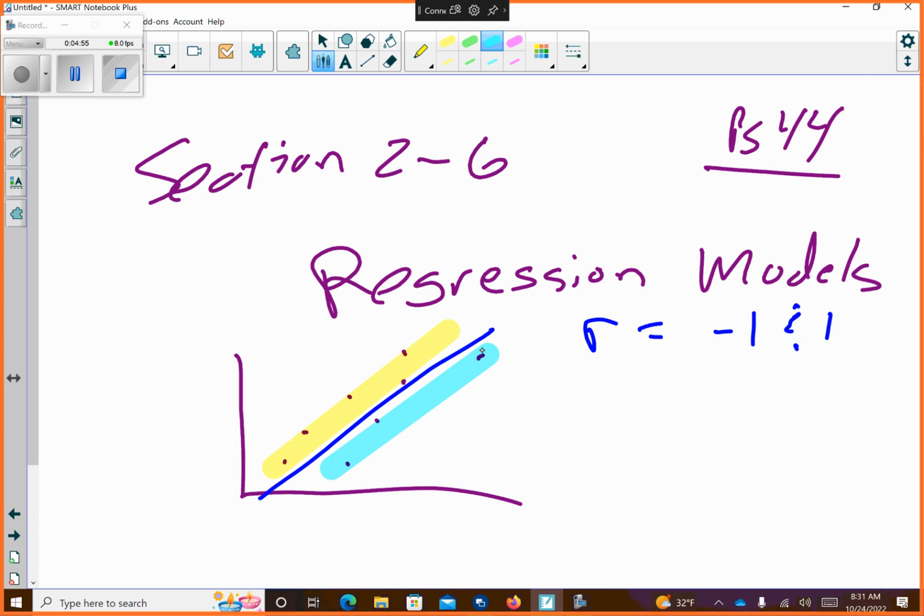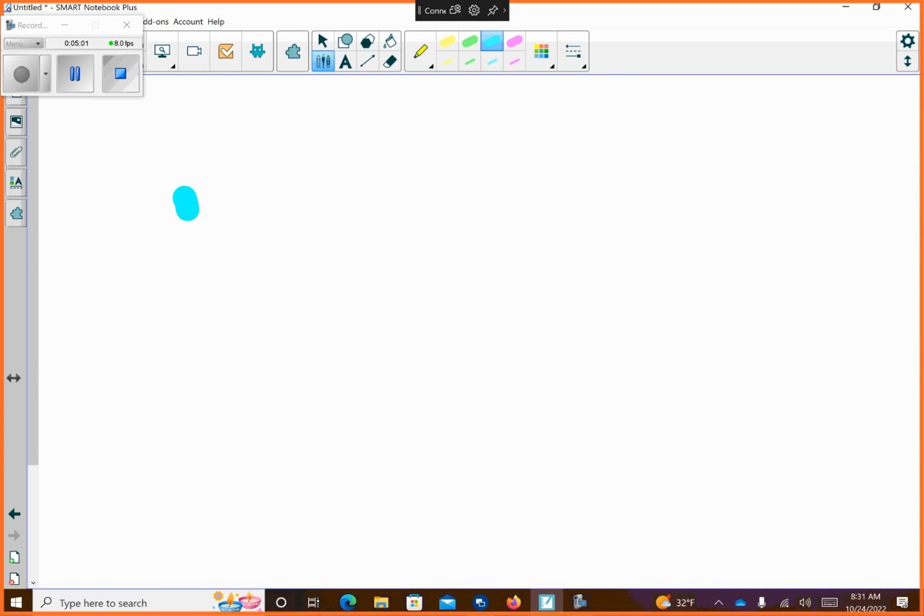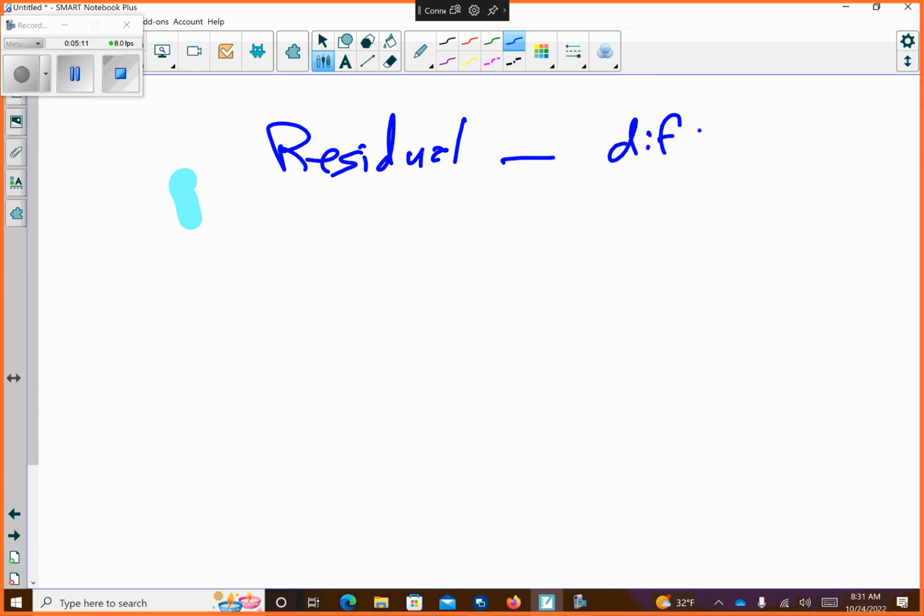All right. So let's talk about some residuals without using a highlighter. The residual is the difference, which means subtraction.